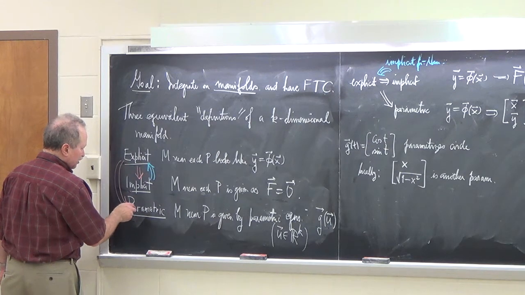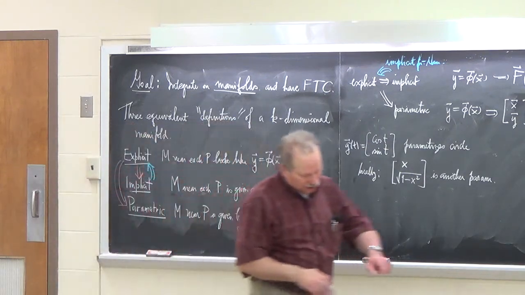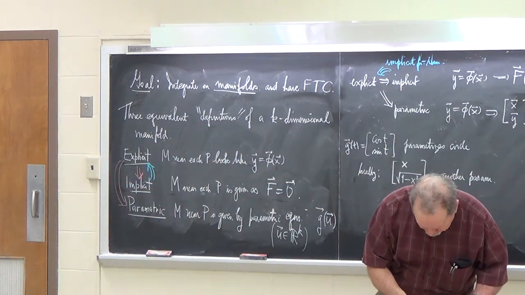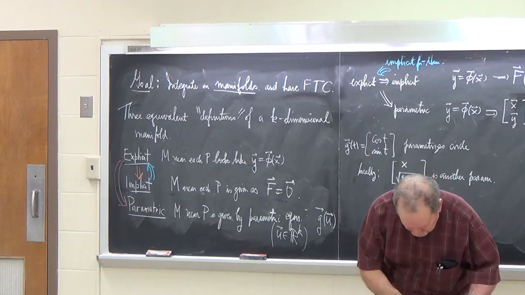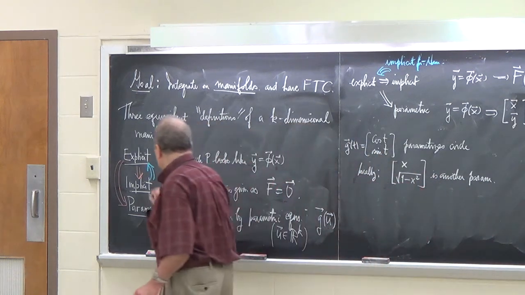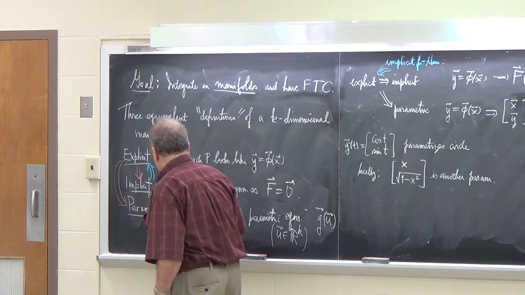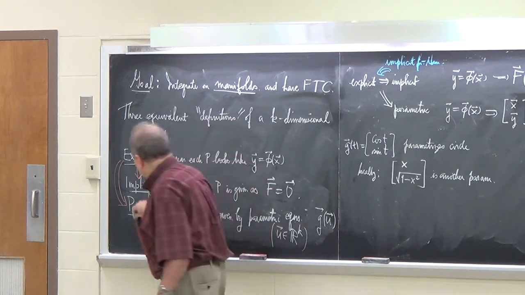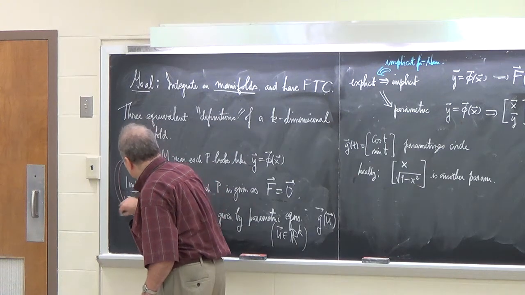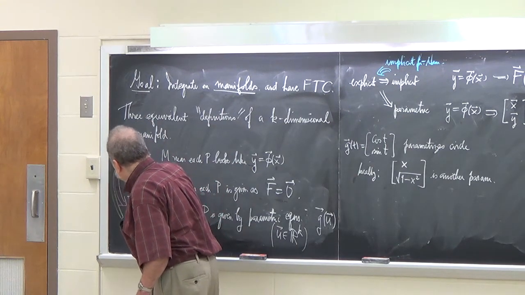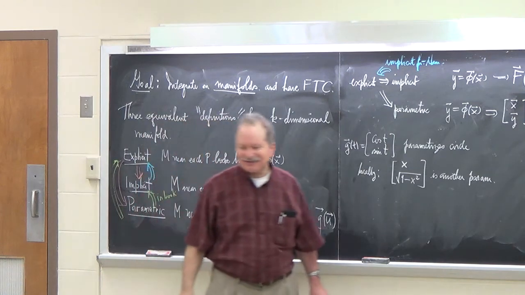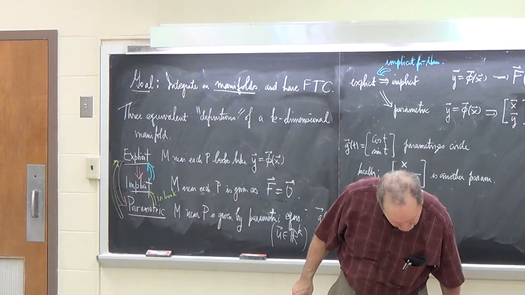It's actually done in the book. I forgot which one is done in the book. This one is done in the book. And parametric implies explicit is one of your challenge problems, which is number 14.